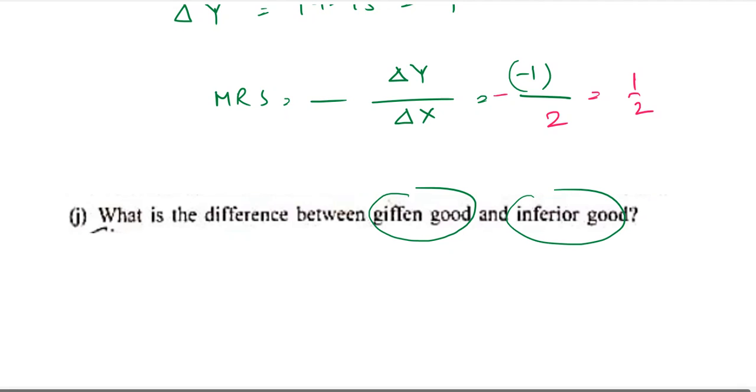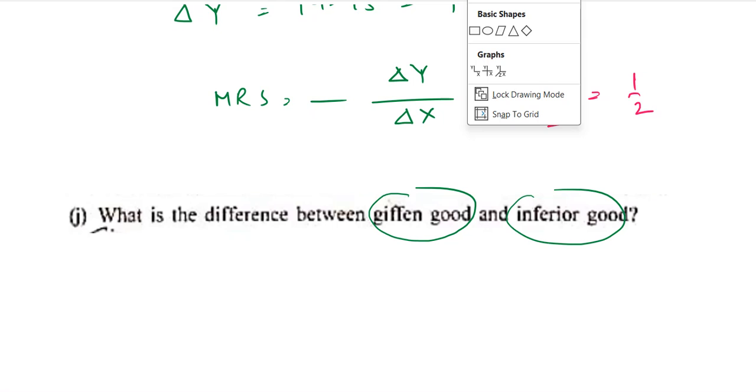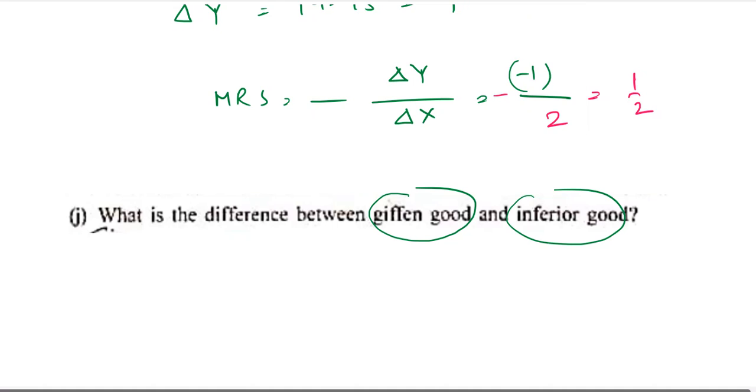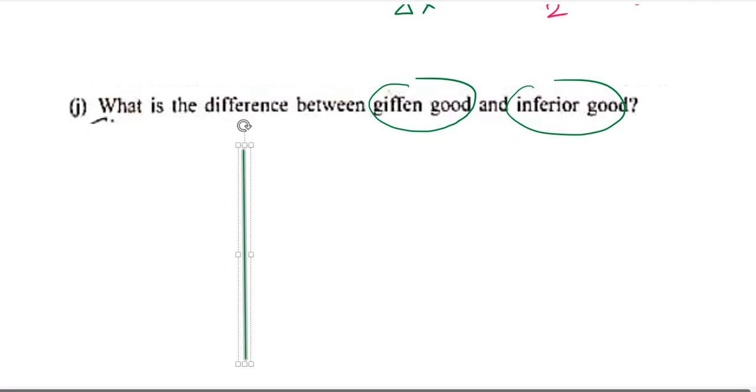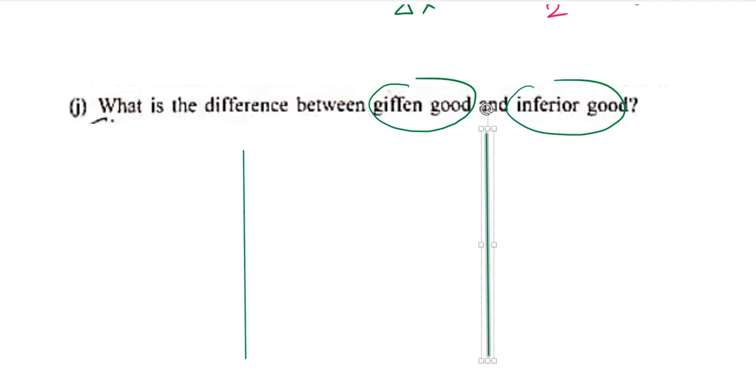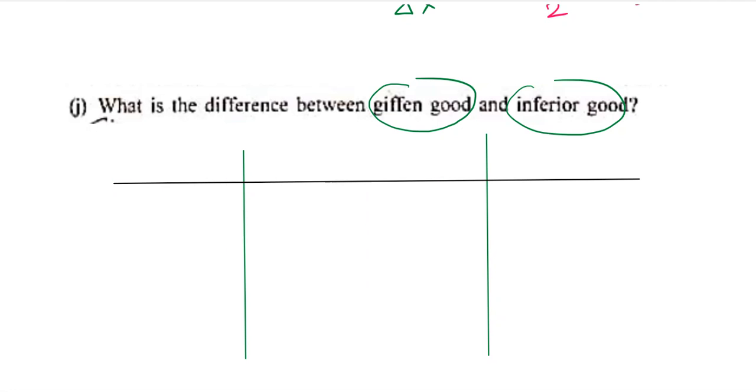We can classify these two things using a table, so that type of table will be drawn, and that will be the answer.